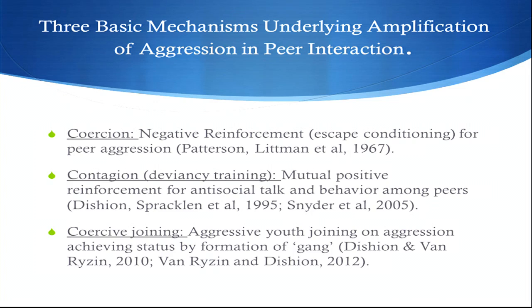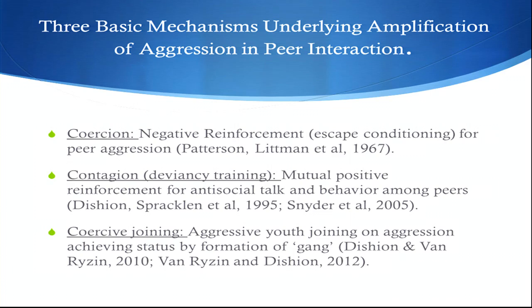So what are these words? Coercion refers to escape conditioning or negative reinforcement. That is, if I escalate and the person backs down, I'm more likely to escalate and be aggressive in the future. Contagion refers to what I've called in the past deviancy training, which is mutual positive reinforcement for deviant talk and behavior among peers.